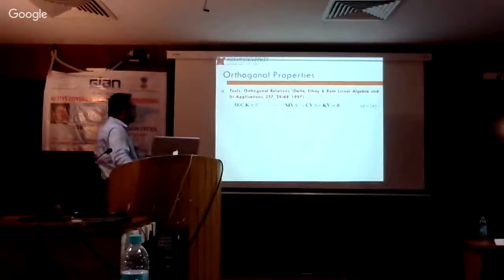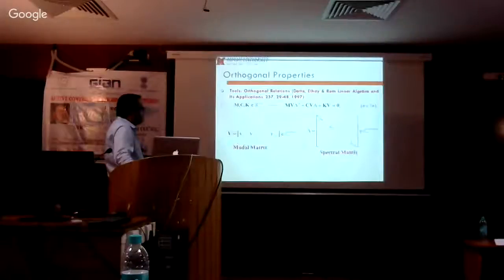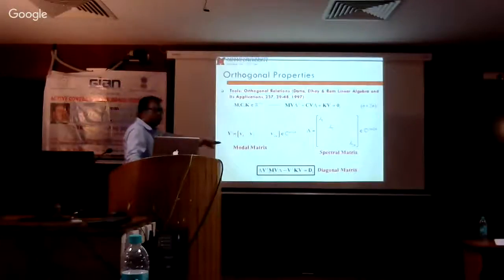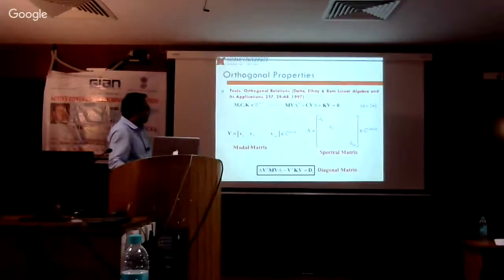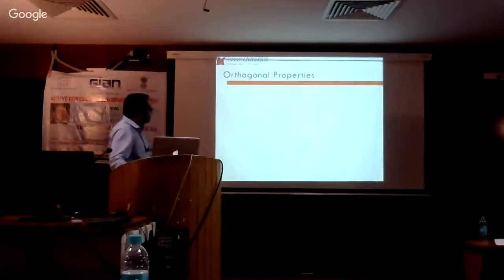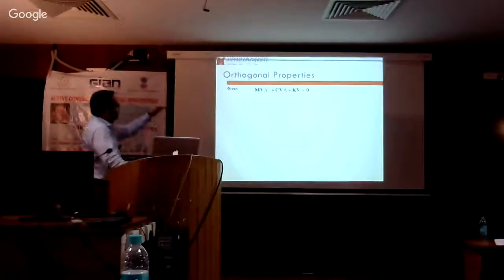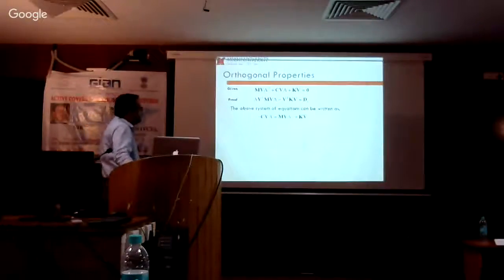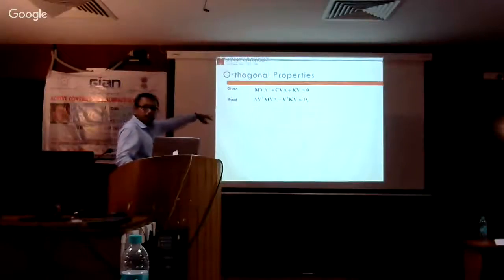So let's look at one of them. This is the decomposition of a quadratic eigenvalue problem. These are the modal and spectral matrices, and I am going to show you, prove, that this indeed is diagonal for such decomposition. I want to prove that this expression is diagonal.